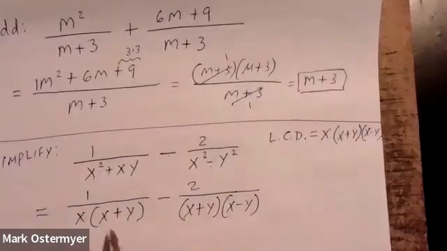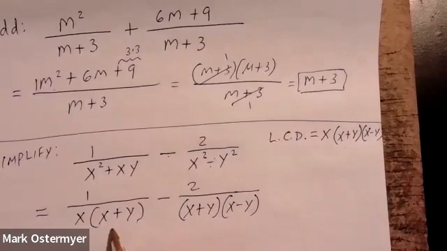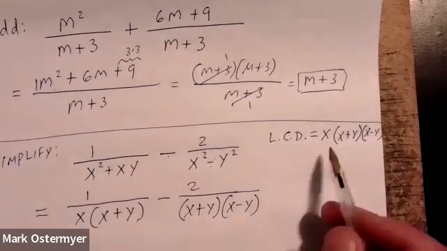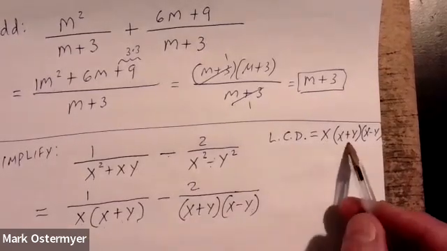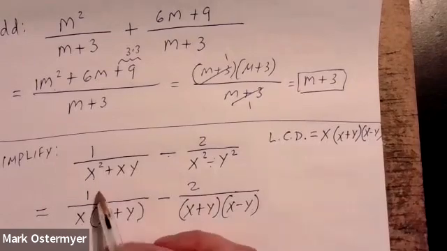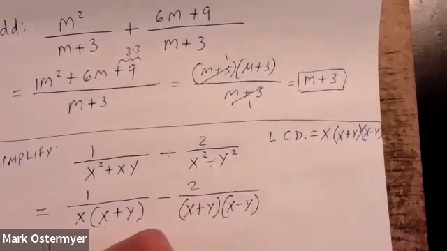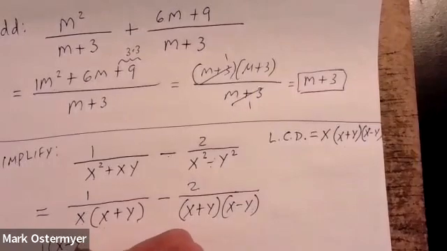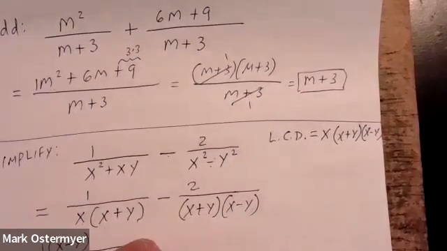The next step now is to build these fractions up into equivalent fractions. If we look at our first rational expression, its denominator has the x. We got the x plus y. We're missing the x minus y. Because of that, our first rational expression, top and bottom, has to get multiplied by x minus y.